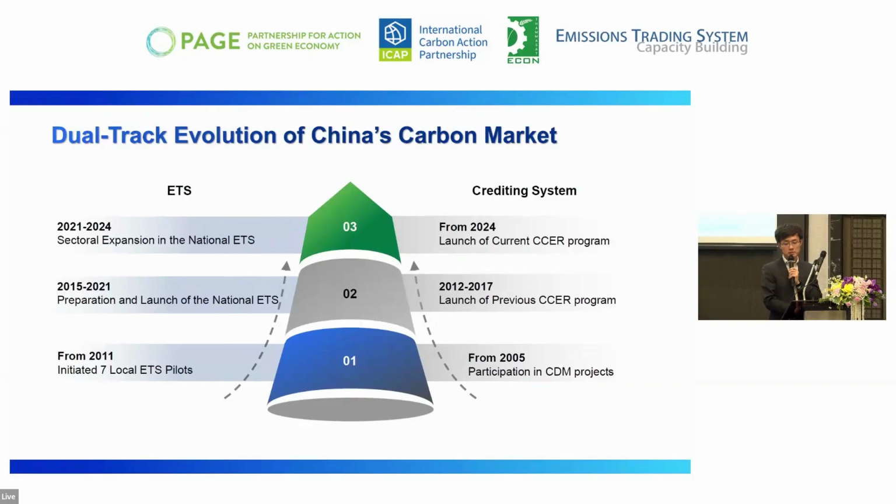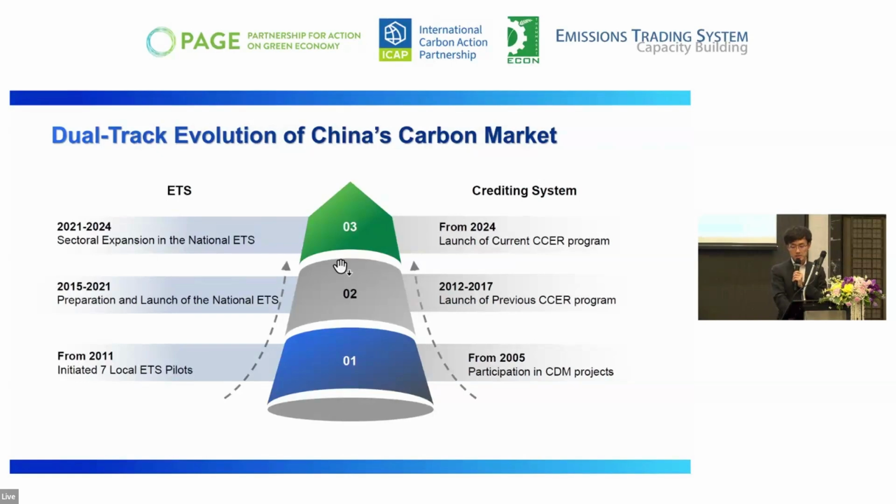So here we're seeing two tracks, the ETS and the crediting system. Both of them have developed gradually and in phases. For example, the compliance market started from the pilot phase from 2011 until 2014. All the pilots were established, and as of today, all 7 pilots still exist.